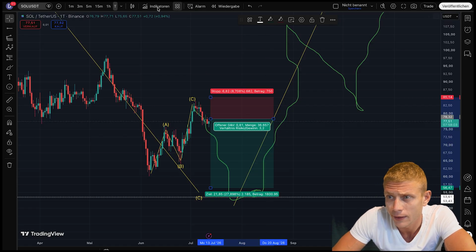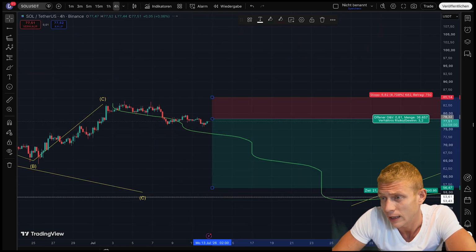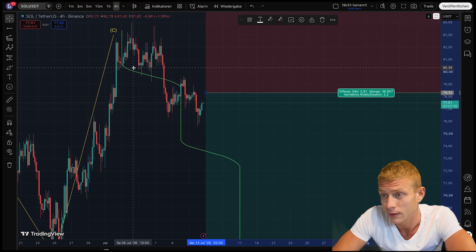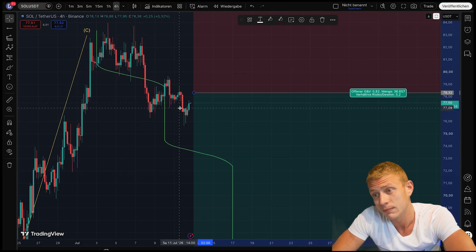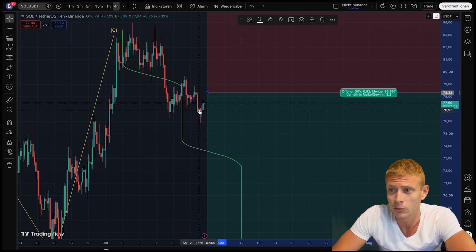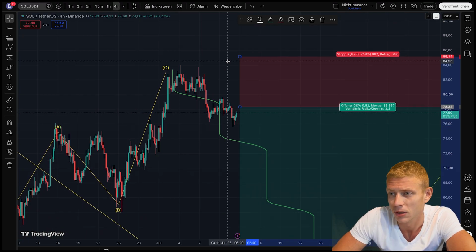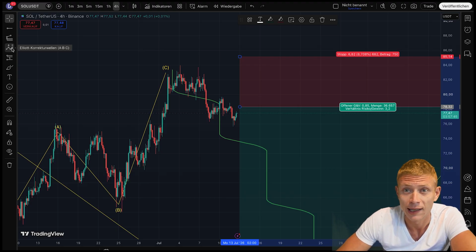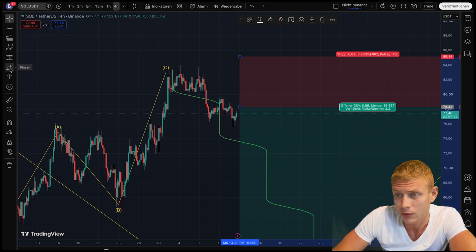Okay, so that's already in it, and we're going into the smaller time frames. We're basically making the wave count for the smaller time frames. Here we have two options. I don't want to go too much into detail, because I don't want to be wrong here in the textbook example, but there are two options.